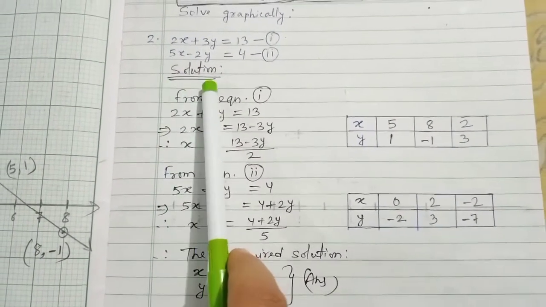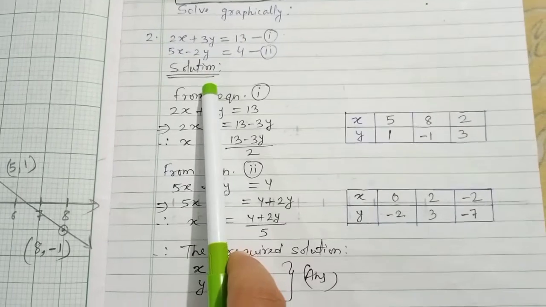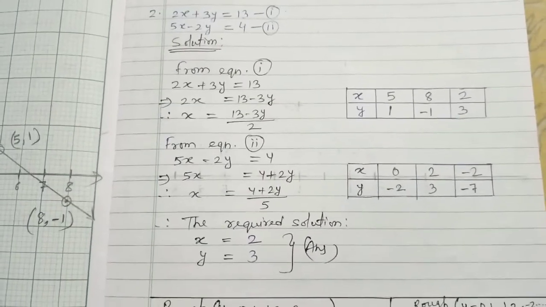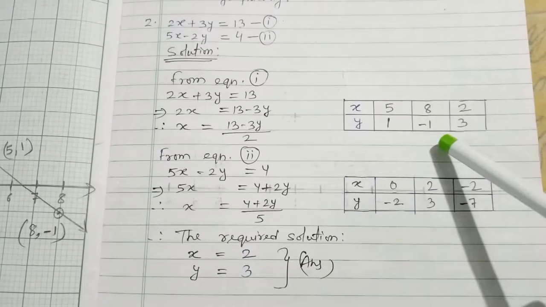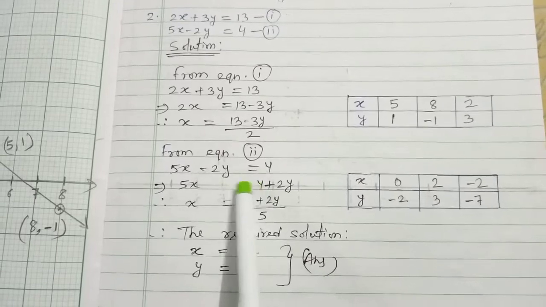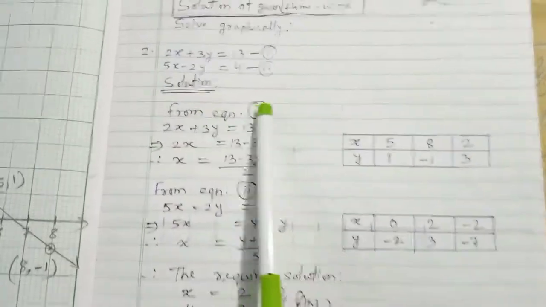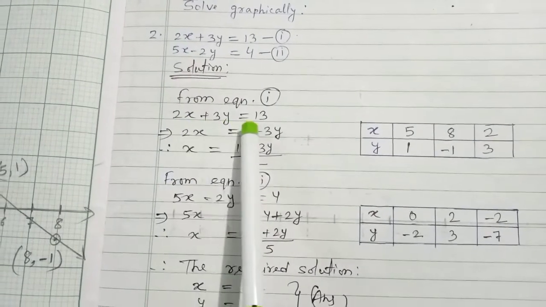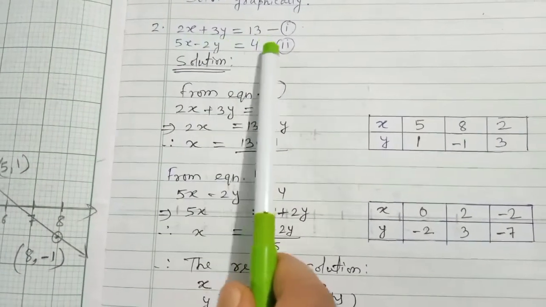My solution begins here, children. It's a graph question, but first of all we should do some very important things on our rough paper, and then we'll move on to the graph paper. From equation 1, I copy down the same equation, 2x plus 3y equal to 13.